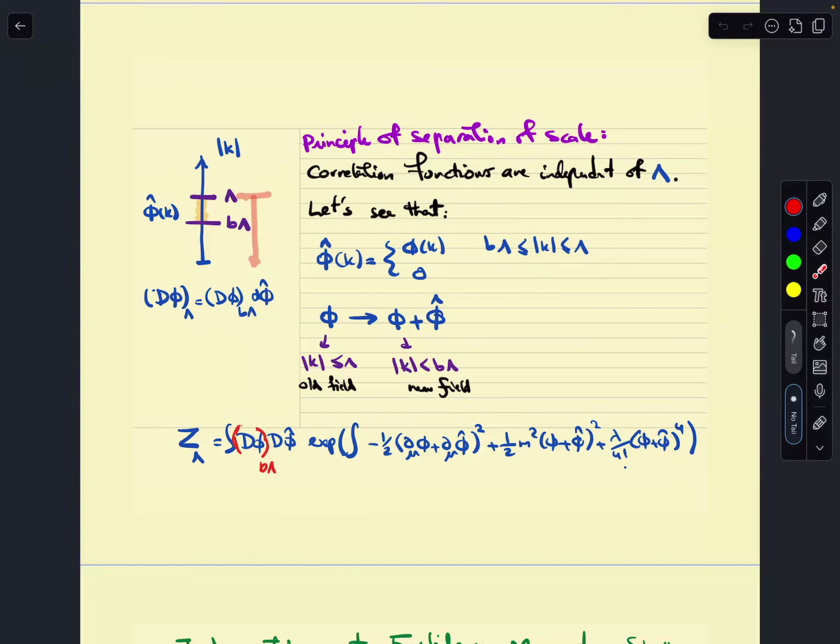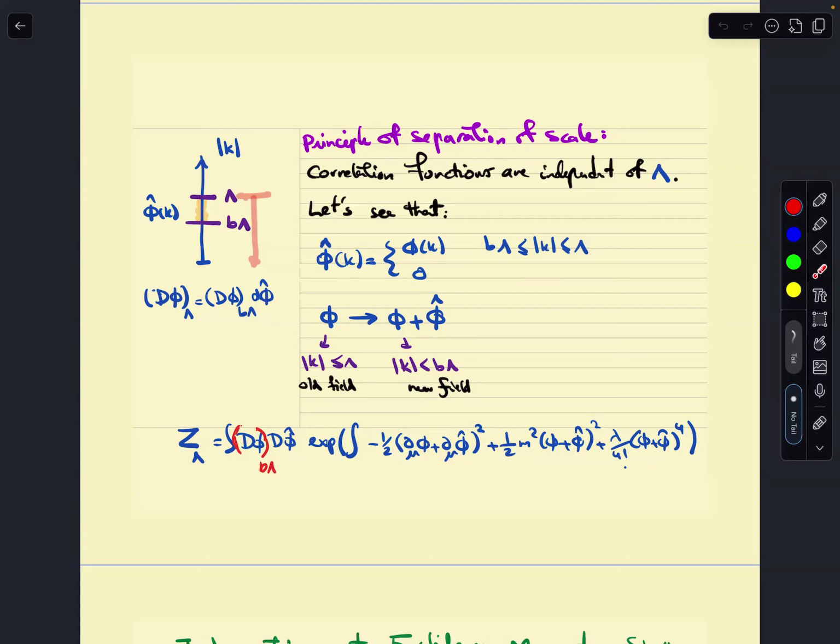So the path integral initially was for all the modes below lambda. That is the path integral for all the modes below b lambda, and an integral over this mode, which is infinitesimally small. So it's an infinitesimal momentum shell that we're going to perform that part of the integral.